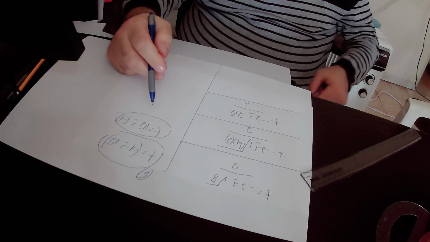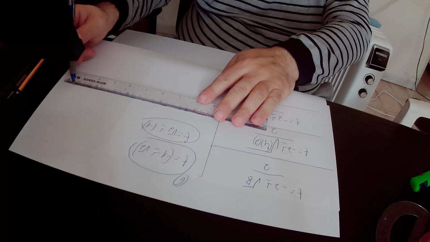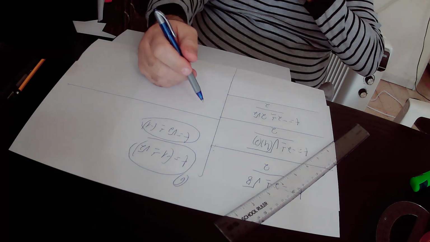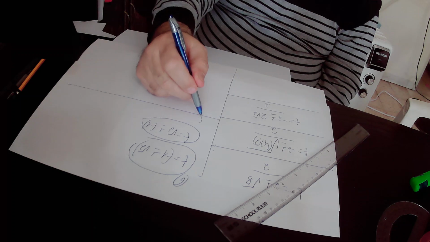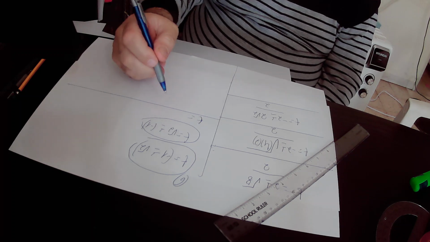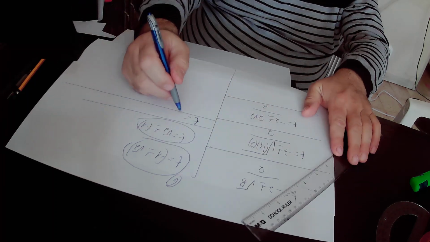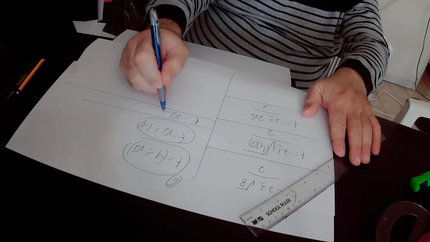So here we will have two solutions that are possible for t. The first solution for t, that is the solution of the quadratic equation, is that t equals the square root of 2 minus 1.